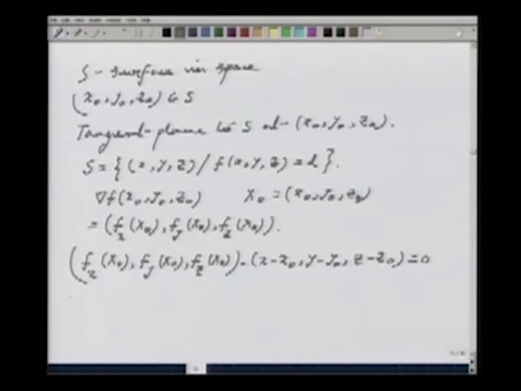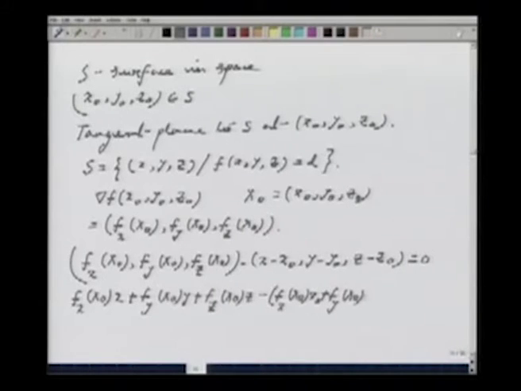So if I write it down, the equation of the plane turns out to be fx at x naught times x plus fy at x naught times y plus fz at x naught times z minus fx at x naught times x naught plus fy at x naught times y naught plus fz at x naught times z naught equal to 0.